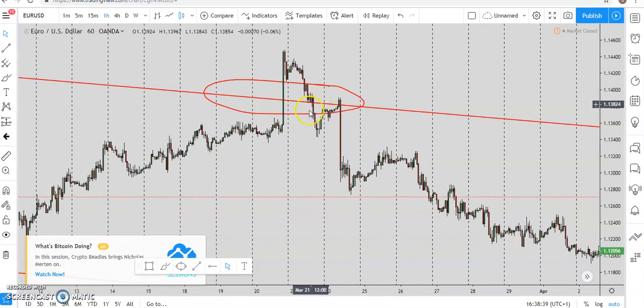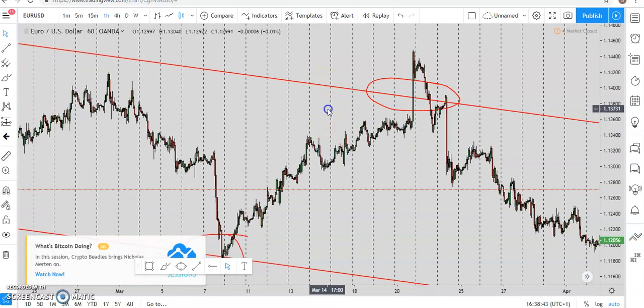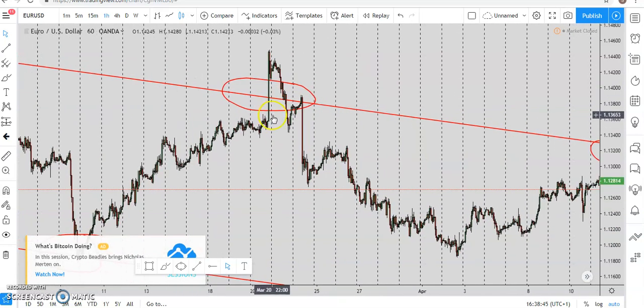Okay, now over here is a consolidation zone. All right, so what happened?